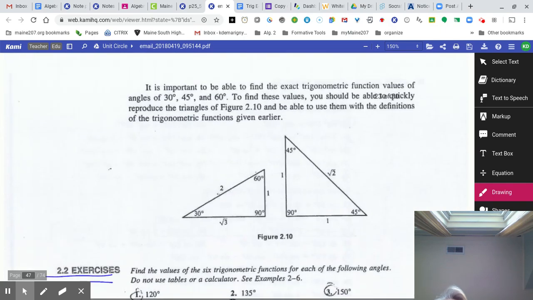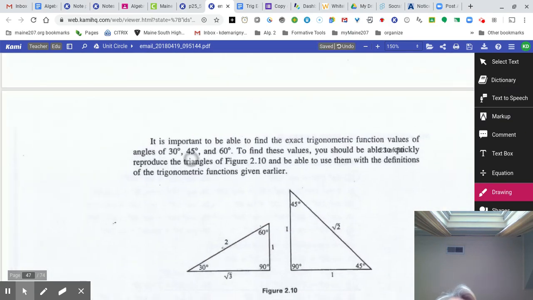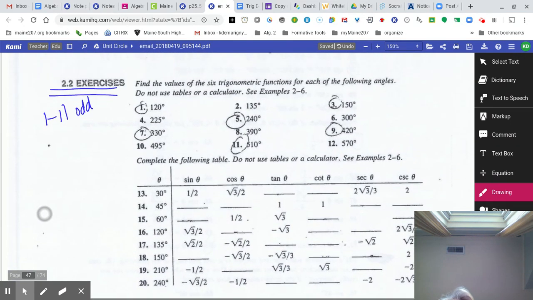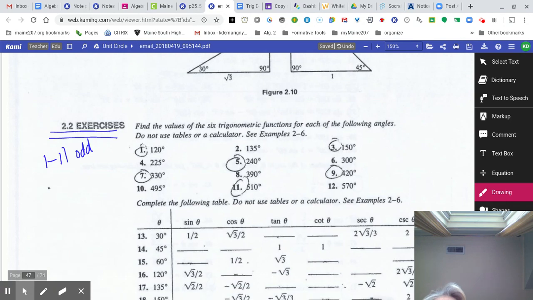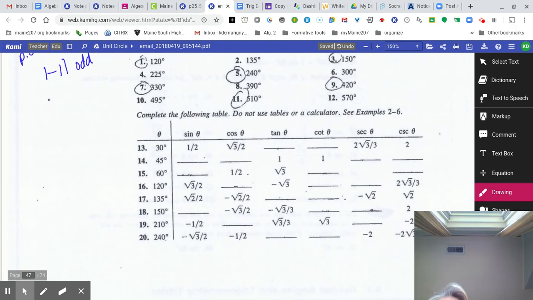And I believe the page number is at the top. I don't see it. This one, it says in my notes that it's page 37. And it's 1 through 11 odd, these that are circled. And then if you could practice that, that would be fabulous.